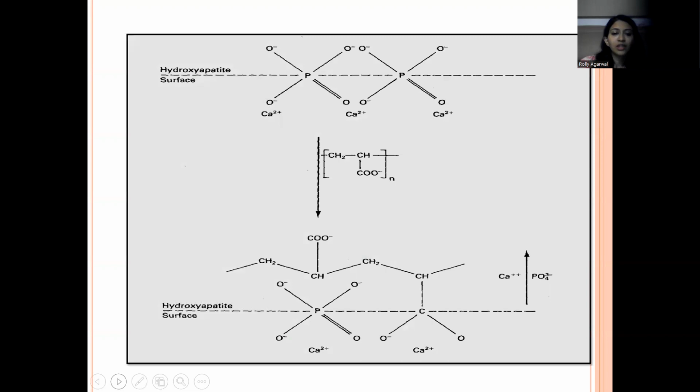So here we can see the cross-linking which is taking place at the junction between the tooth surface and the newly placed glass ionomer cement. The COO minus group present in the polyacrylic acid is reacting with the calcium and the phosphate ions and everything else present on the hydroxyapatite surface.